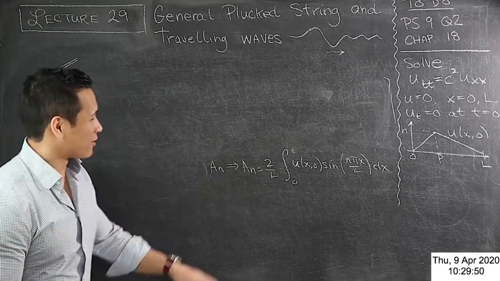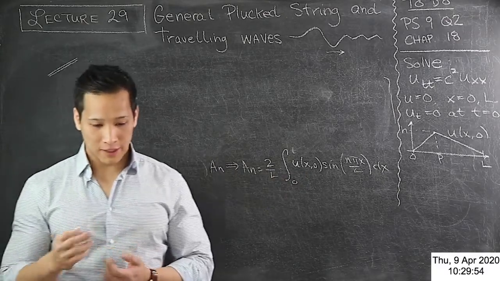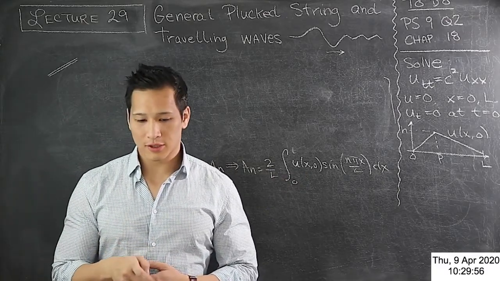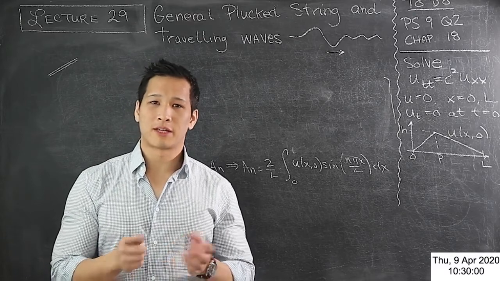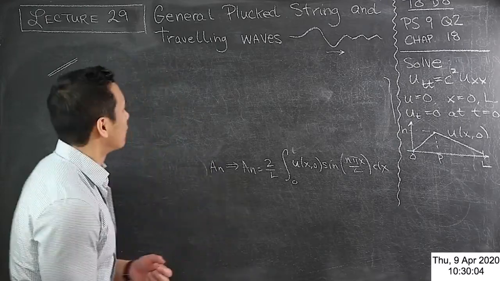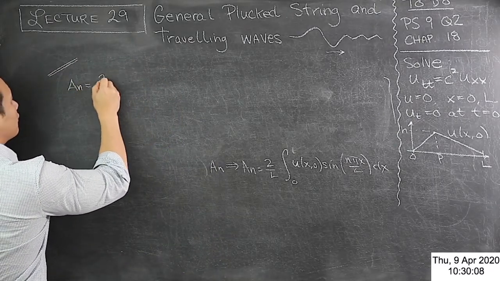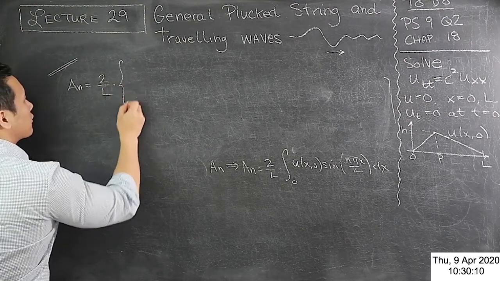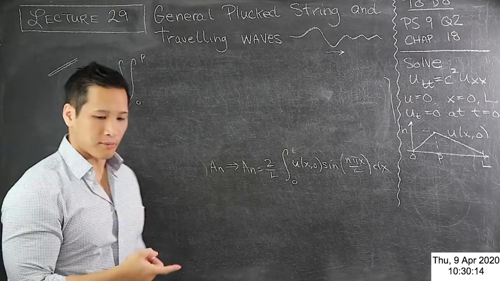Okay, so now you have to put in the initial condition of x and 0, and you go back to the problem set, and it's told you what that initial condition is, and you have to split it between a segment when it's less than p, and then a segment when it's greater than p. Okay, so you're going to write your an as 2 over L. You have an integral that goes from 0 to p, and then you go to the problem set question.